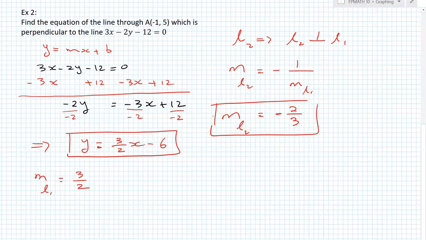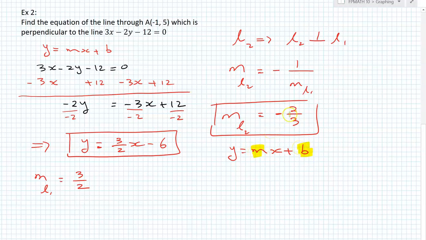And then we need to do one more thing. To get an equation of a line, we have to come up with two major components. One is the slope, the other one is the y-intercept. Okay, two things we need to know.